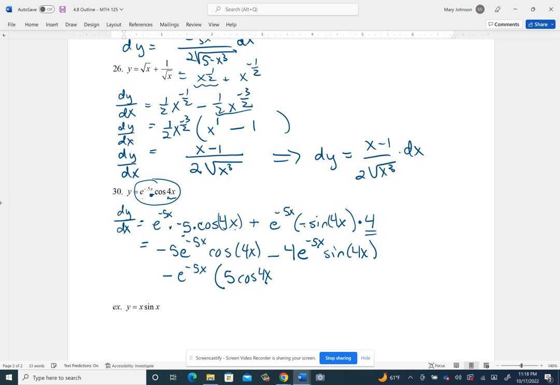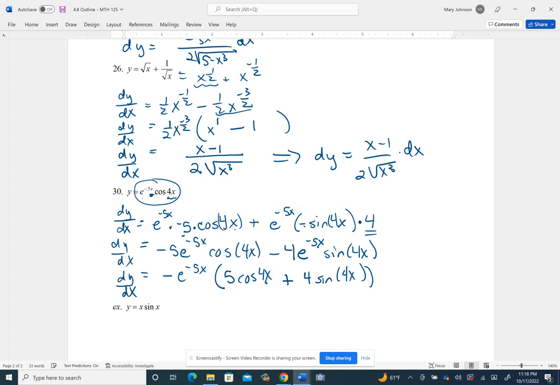And if I pulled out a negative along with it, then wouldn't I have plus 4 sine of 4x? I'm just double checking that I didn't miss anything. So I think I'm okay there so far. And that's still dy dx.